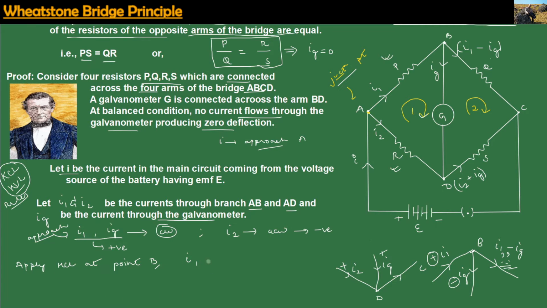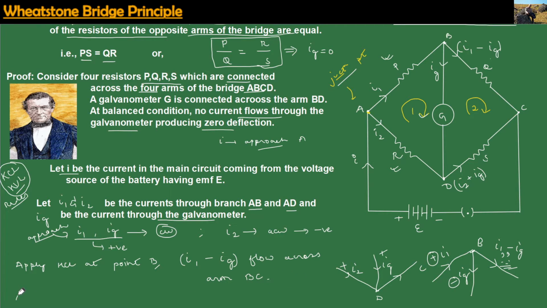At point B, the current I1 minus IG will flow across arm BC.